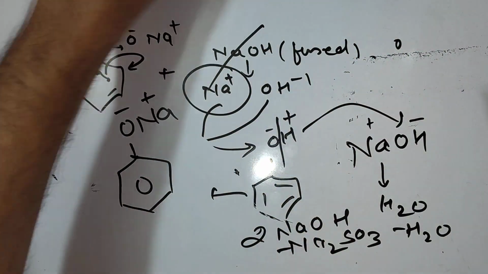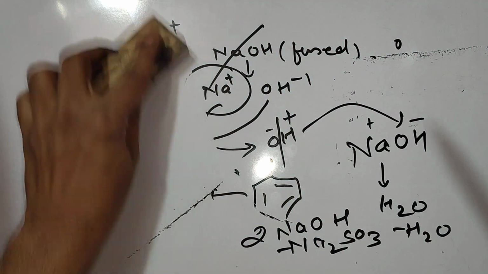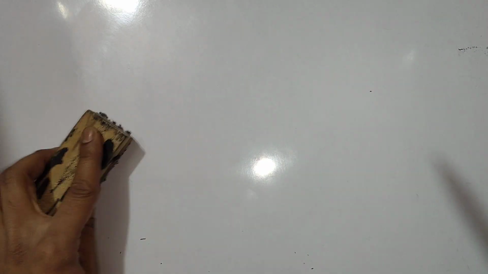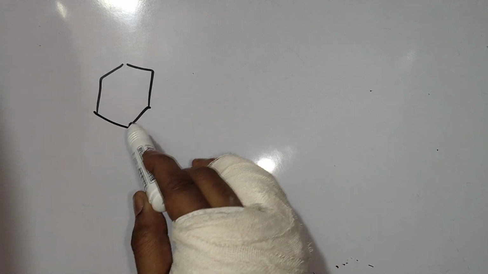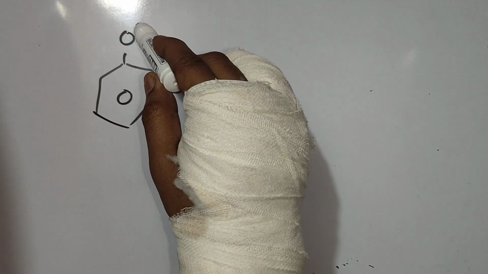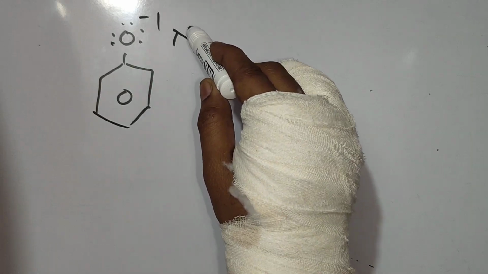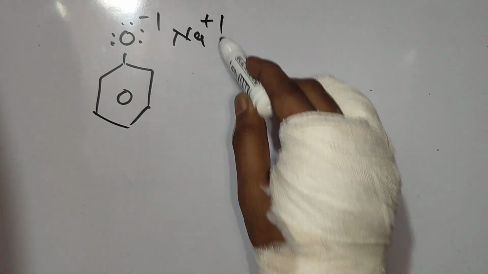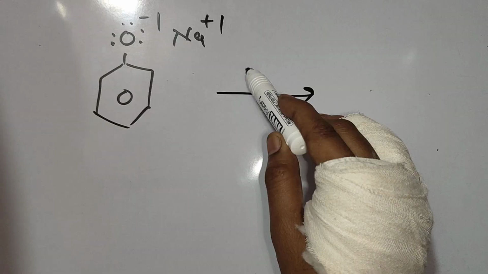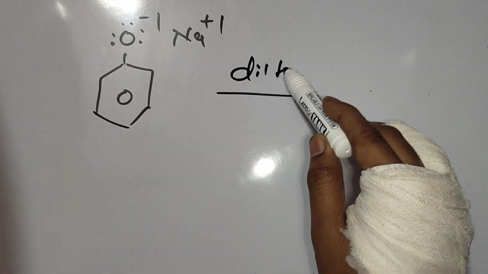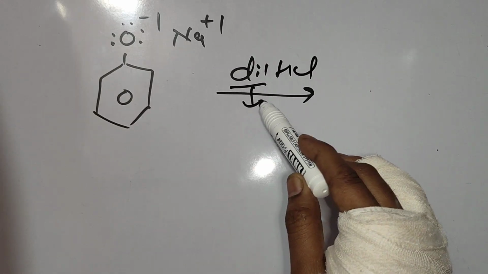After this, ONa, we have to hydrolyze it. A very simple mechanism it has, the last mechanism of the reaction. This sodium phenoxide, in which oxygen has 3 lone pairs carrying a negative charge and a positive. We are going to hydrolyze it in the presence of dilute HCl. Dilute conditions means a lot of water, excess of water.